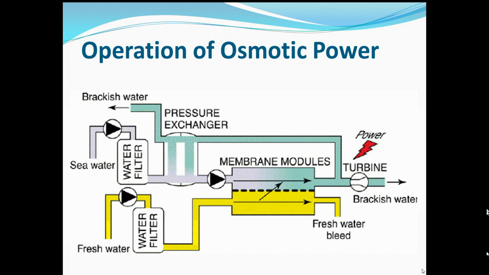Now, when these come in contact with each other through a semi-permeable membrane, the water molecules, or solvent molecules, from the freshwater side move towards the seawater side through the semi-permeable membrane, thereby increasing the pressure of the seawater to a higher level.